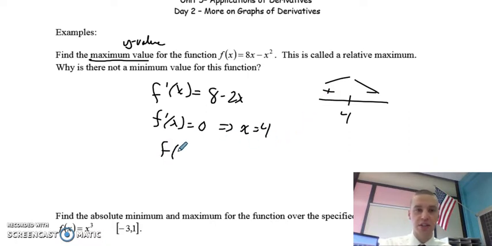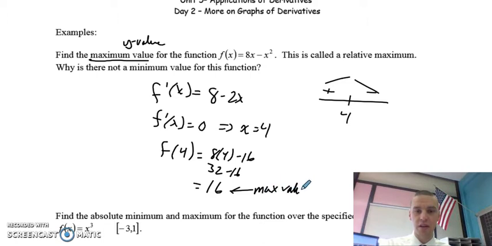So what I need to do is find f of 4. That's 8 times 4 minus 16, 32 minus 16, I'm going to get 16. That right there is our maximum value, and that happens at x equals 4. So you're given the point (4, 16) if that's going to help you, or f of 4 equals 16.